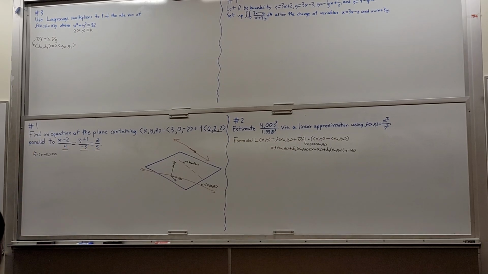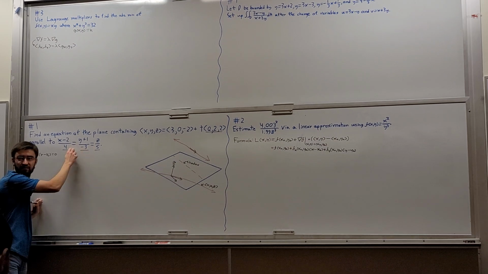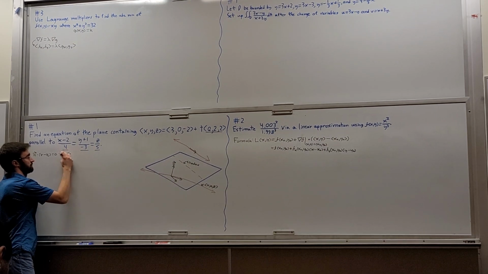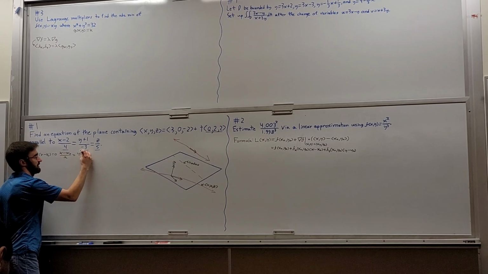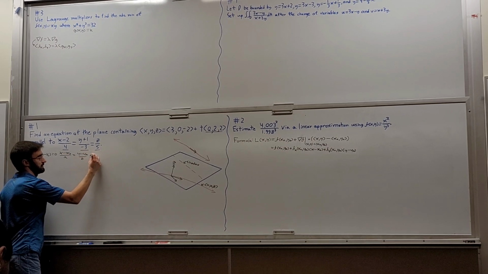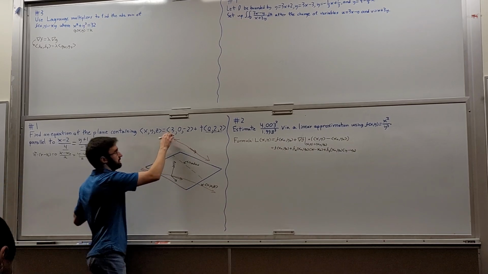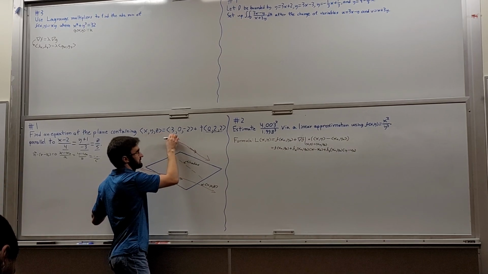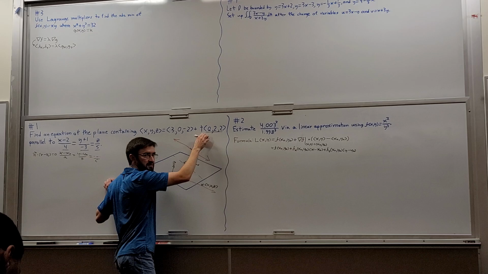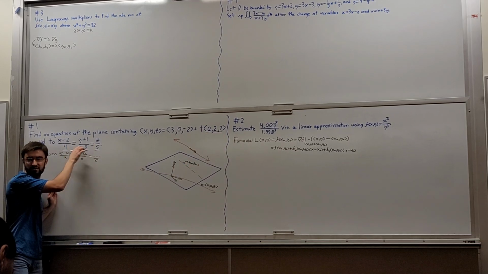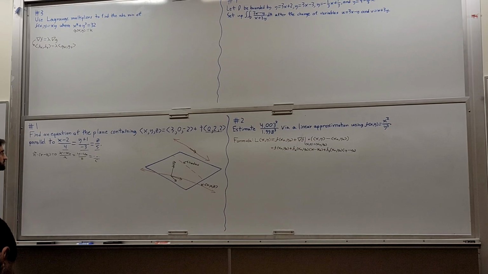Does everyone see this would be the directional vector of this line? Because you have x minus x naught over a equals y minus y naught over b equals z minus z naught over c. You can see a, b, c, where this would be x, y, z equals x naught, y naught, z naught plus t times a, b, c. So everyone sees this is the directional vector for this. Okay, so we'll go ahead and cross the two of those.